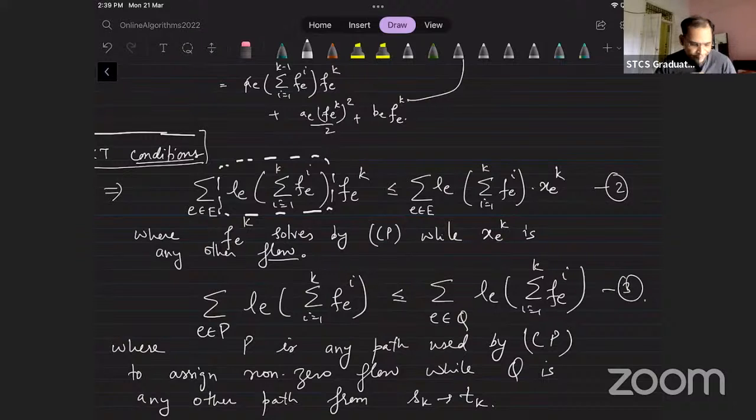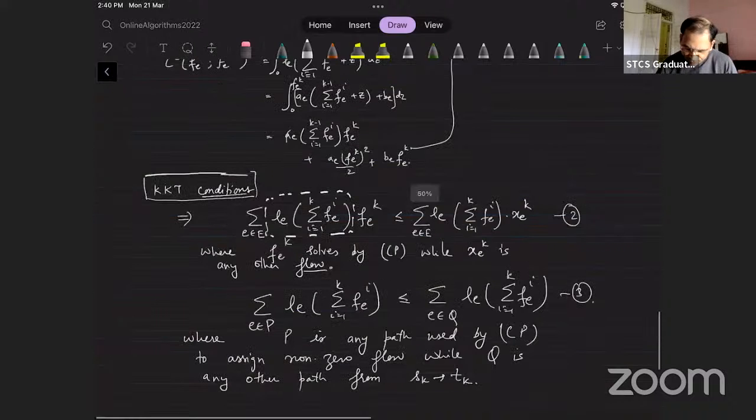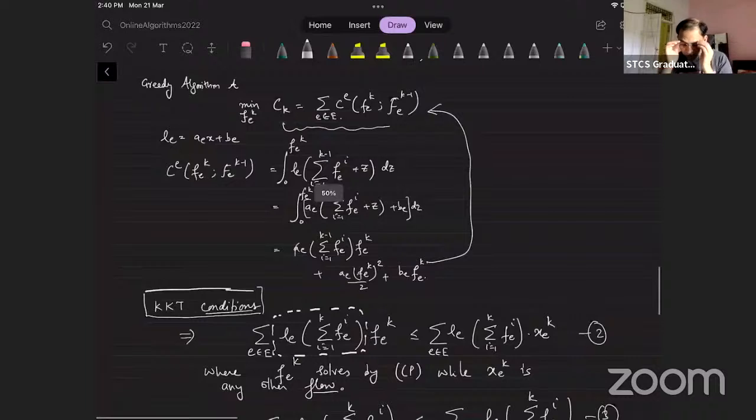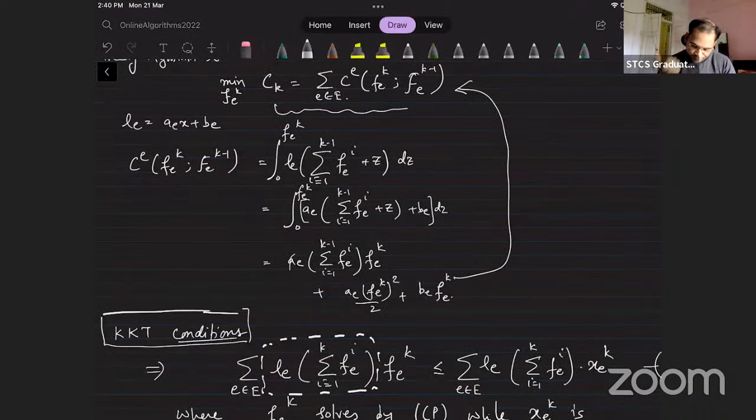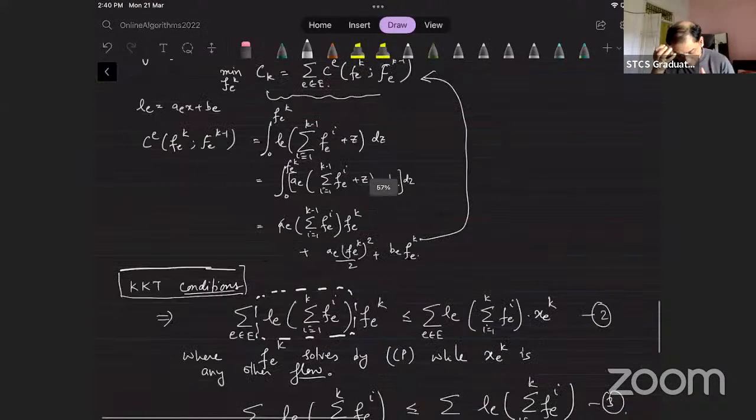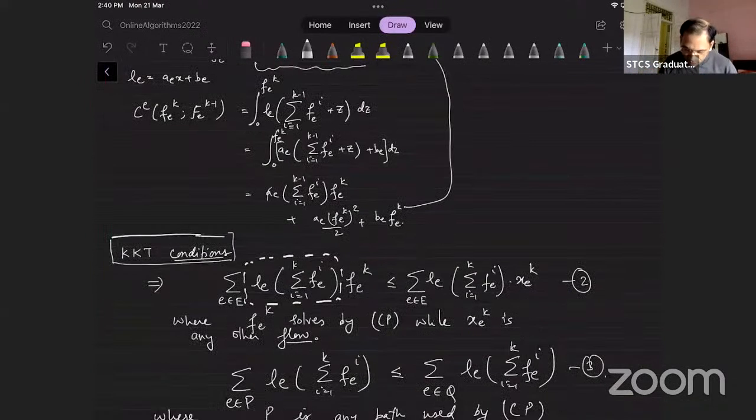Now what does that mean? Is the question clear? We're just trying to interpret why 2 and 3 should be true, where hopefully the symbols are clear. f_EK is the flow which your convex program gave you, and x_EK is any other flow for the K-th demand.